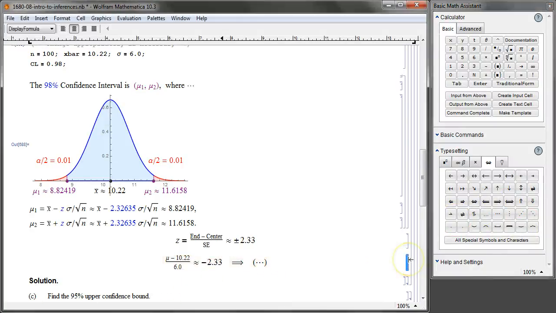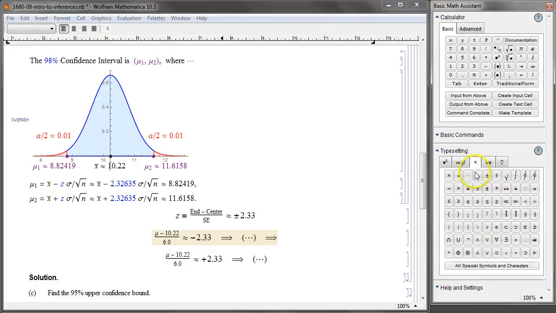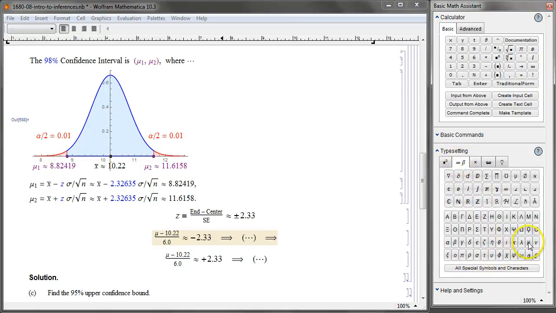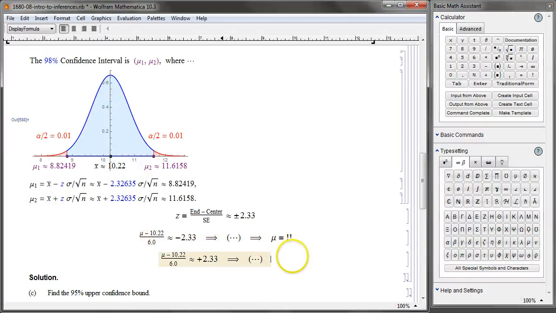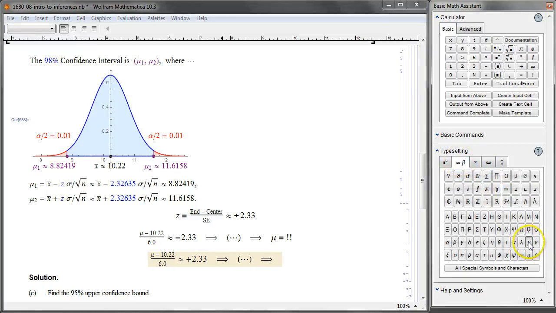And then if this is positive 2.33, flip the denominator to the other side, and in the end you'll be able to find mu equals something.